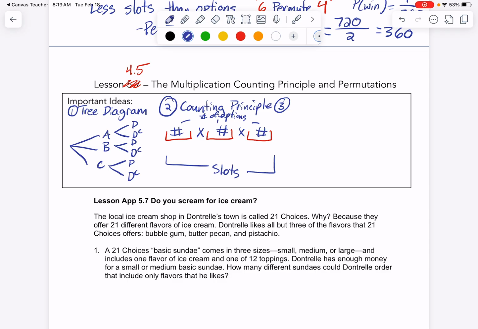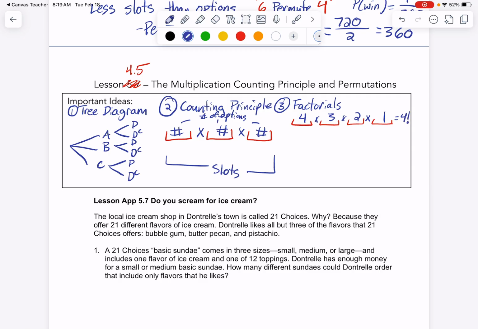Next, we have factorials. For factorials, that is where we have the same number of slots as we have options. So 4 times 3 times, and they're decreasing by 1 every time.